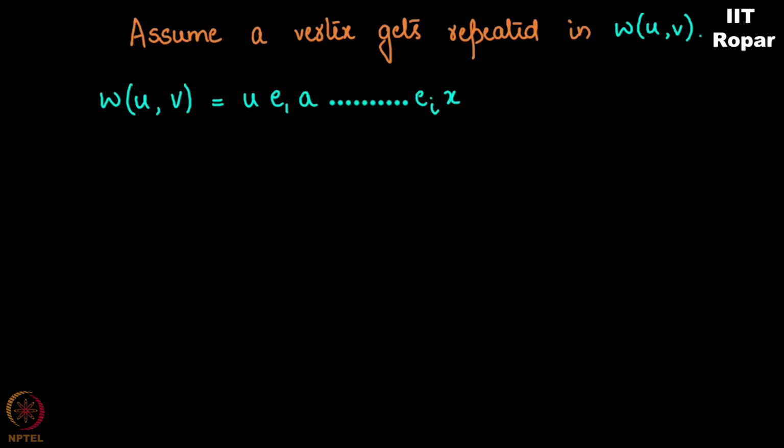After X, there is some edge, so on. Then again you encounter X, then another edge, say Ej, so on up to the last vertex. Where do you reach? V. So this is the walk. Take a moment to observe the walk.